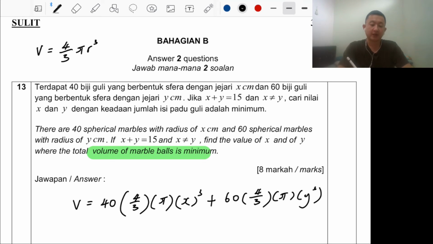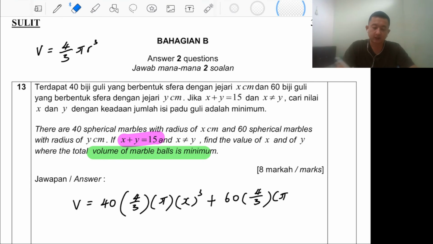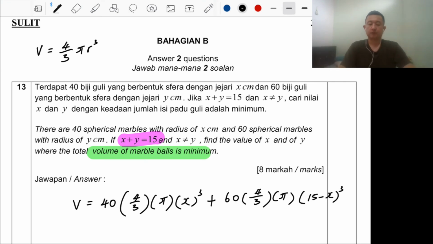There are unknowns x and y, so we have to change it to the same unknown by using this formula. Let's change it to x. So I don't write y cubed, but I write 15 minus x cubed. Simplify it.